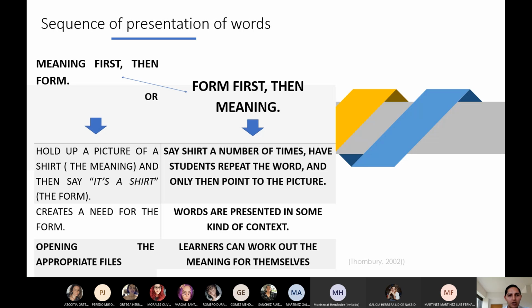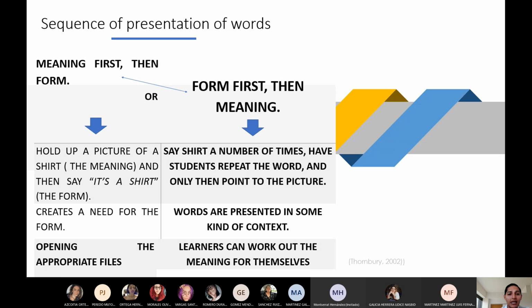You hold up a picture of a shirt, okay, the meaning, and then after showing the picture, you say, it's a shirt. Now you provide the form. This creates a need for the form, okay? So when the student takes a look at the picture, they need to be provided with form.